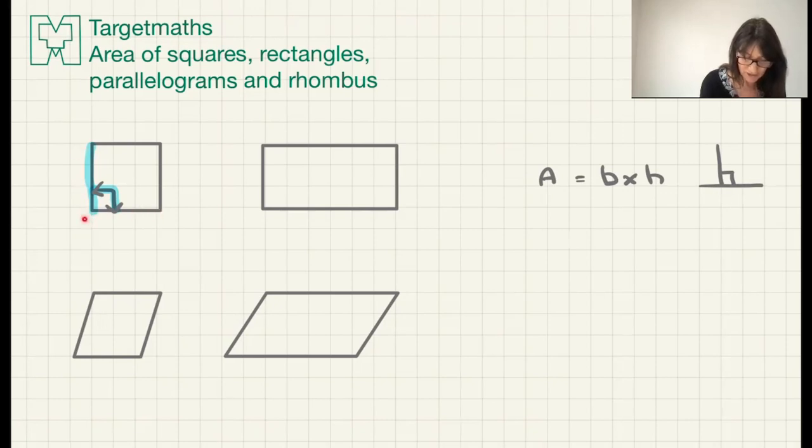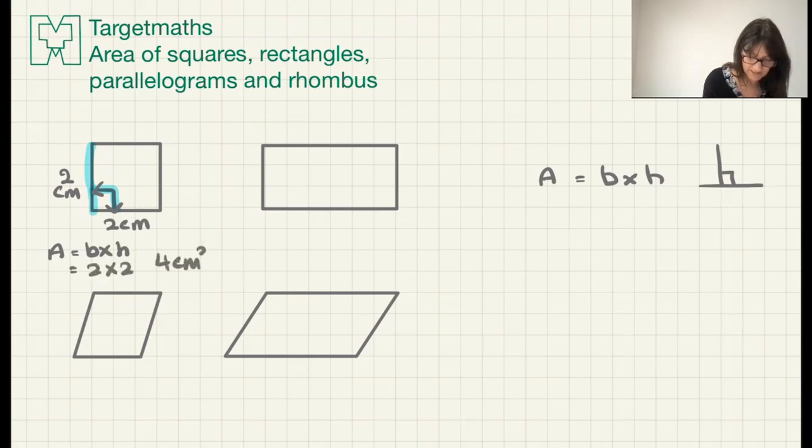So these are the two edges that I would multiply in order to answer the question. So if I had 2 centimeters on this edge, it's a square, so I know it's 2 centimeters on this edge, and the area, which is base times height, is now going to give me 2 times 2, which is 4 centimeters squared.